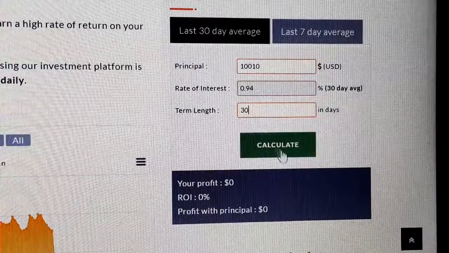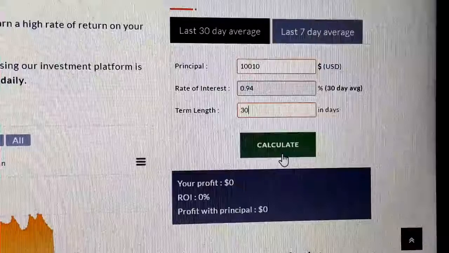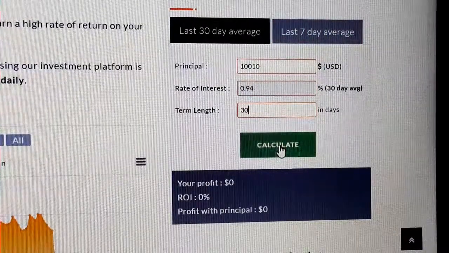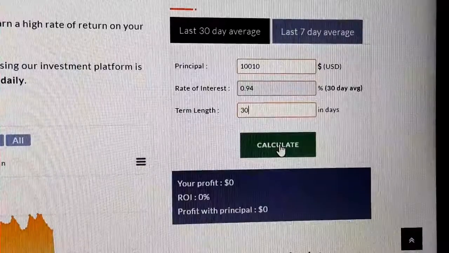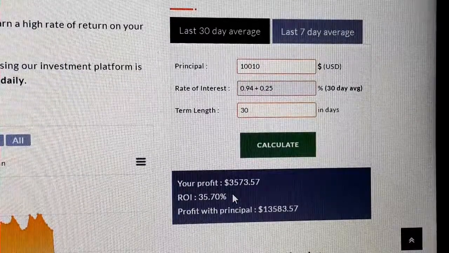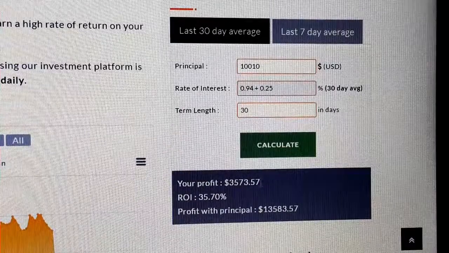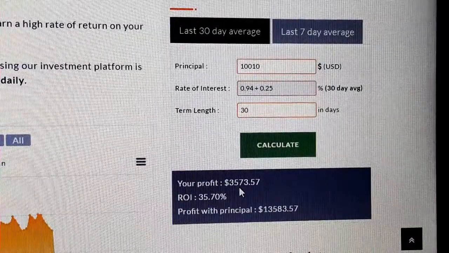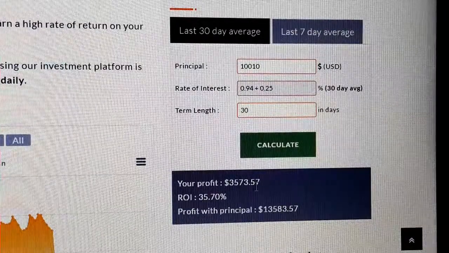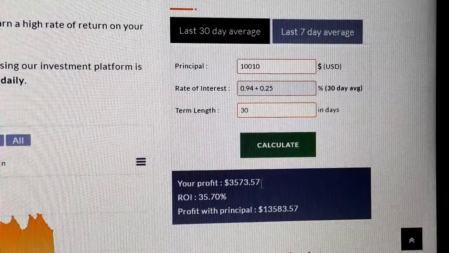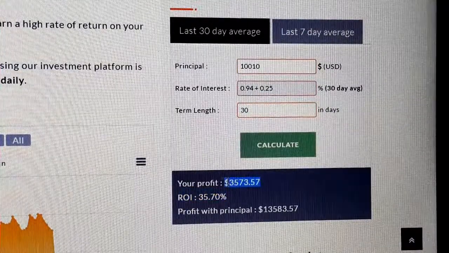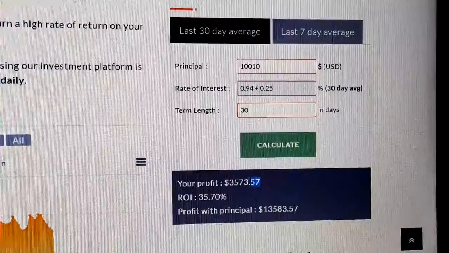Now, when I calculate this, it will show anyone who invested a $10,000 loan in the past 30 days how much they actually earned. So anyone who invested $10,000 in the past 30 days has already earned $3,573 that they can cash out daily, weekly, or even monthly. They can allow it to accumulate and then cash it out after a month. Let's say I allowed this to accumulate after a month.